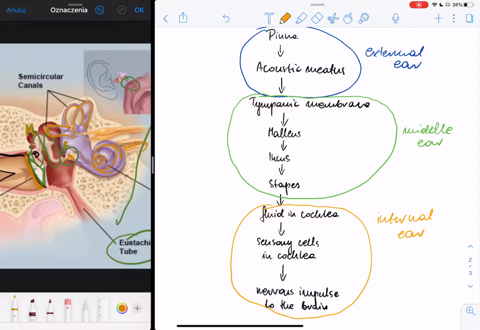Even if you're sleeping, you're less sensitive to the sounds, but eventually the clock in the morning is able to wake you up, because in the past hearing was very important in terms of warning us against a danger, against somebody sneaking, some animal sneaking up on us.